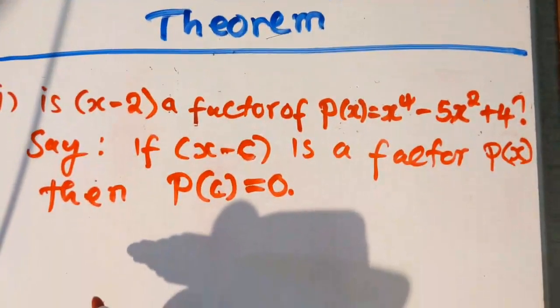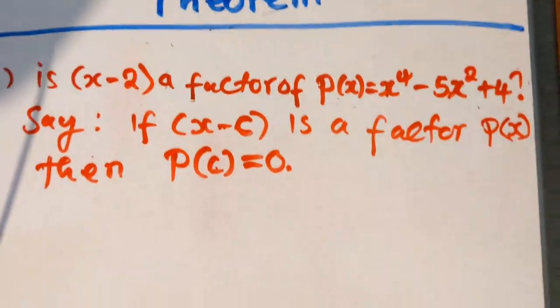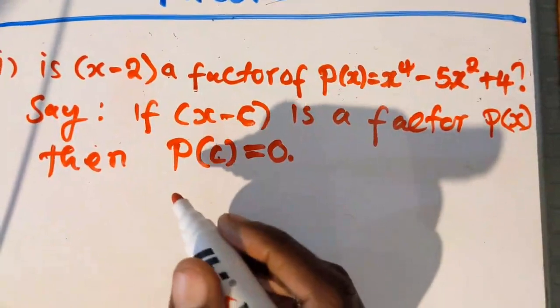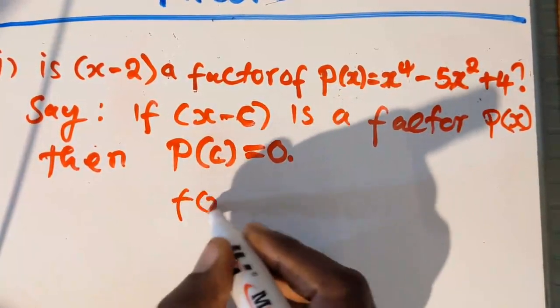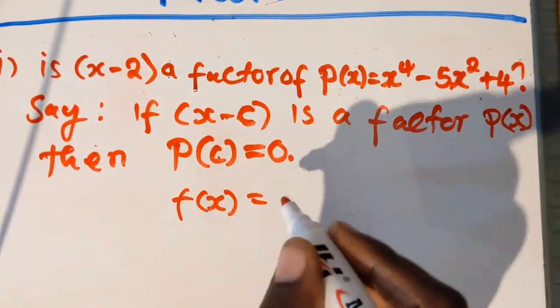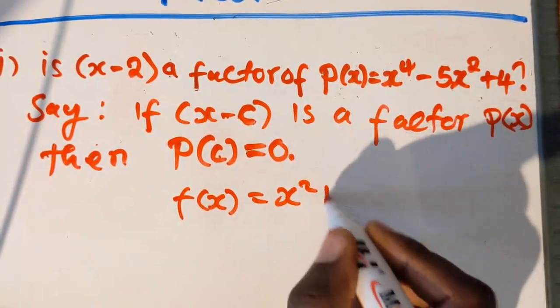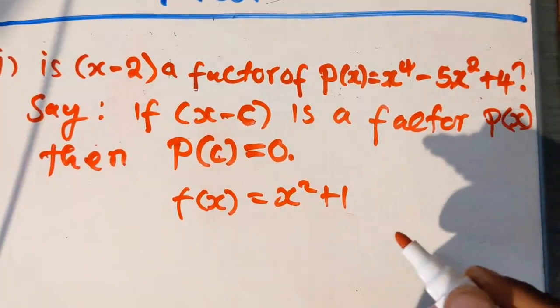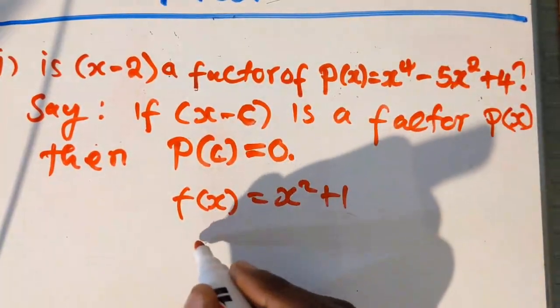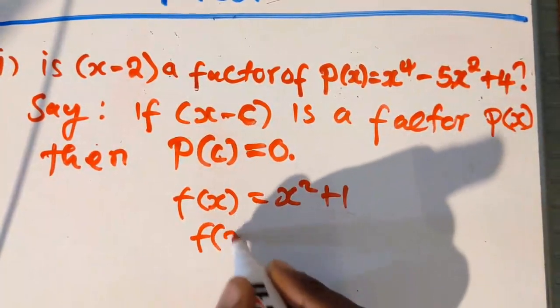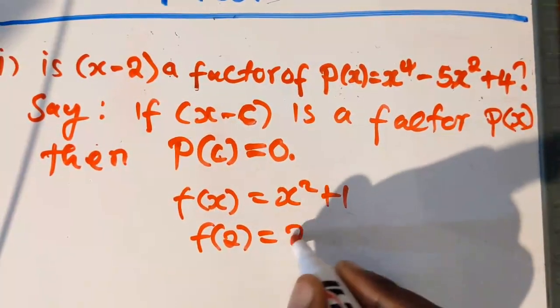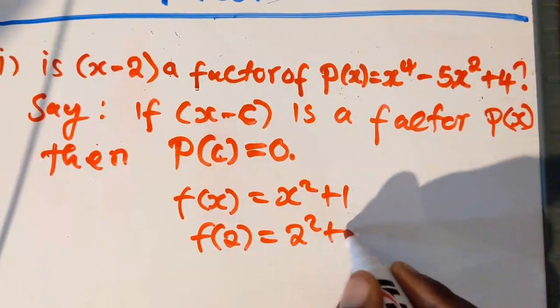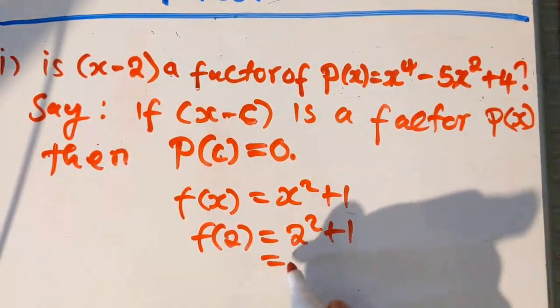Let me take you back to some functions you were solving. When f of x is equal to x squared plus 1, and you are told to find f of 2, you put the 2 in, square it, plus 1, and then you find the answer.